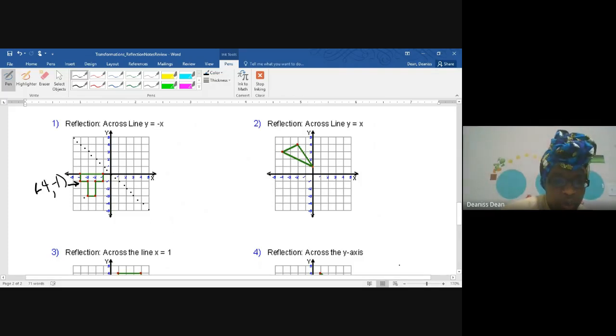All right, this point right here is the point -3, -3. This one here is -2, -1.